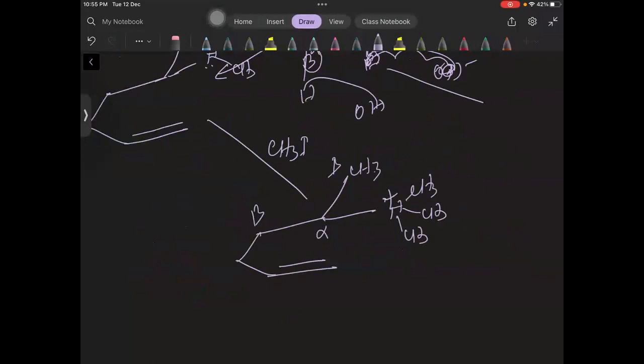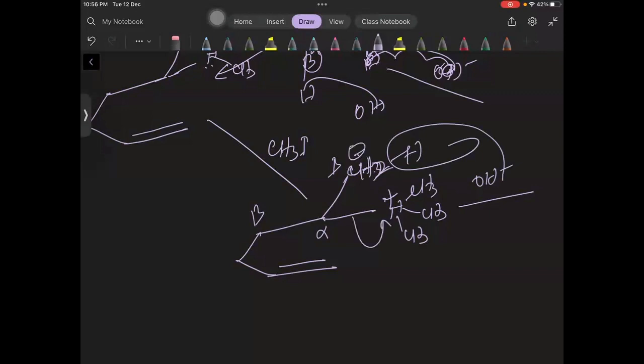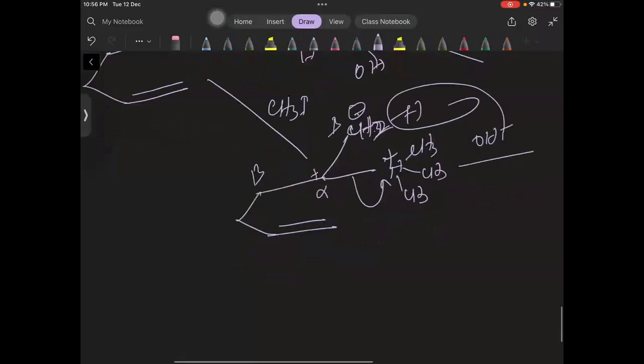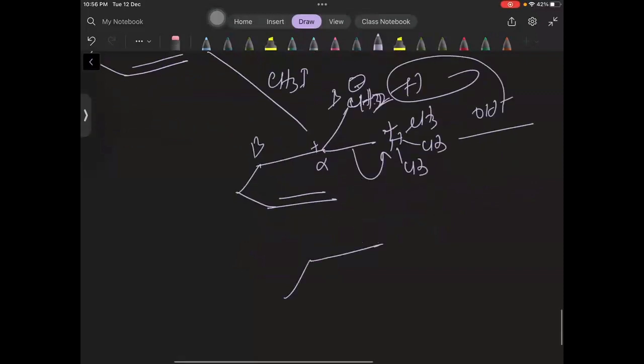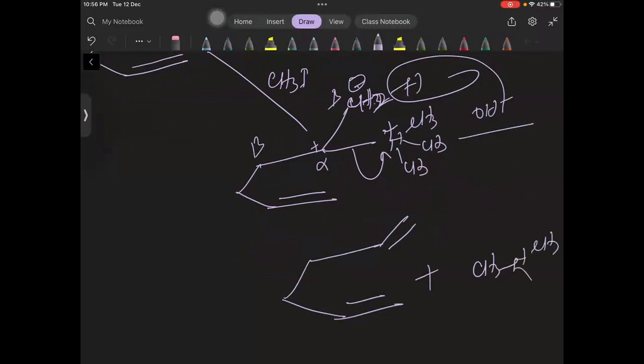So OH minus can attack here because here is a CH2 and H is there. So OH minus attacks here. Negative charge will come here. That bond will take up here and positive charge will be there. So here is a double bond, CH2. Okay. And the CH3 and CH3 will form. Correct.